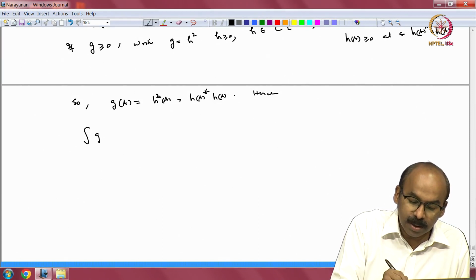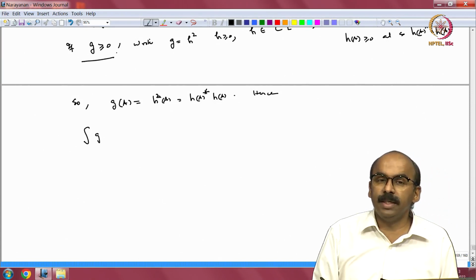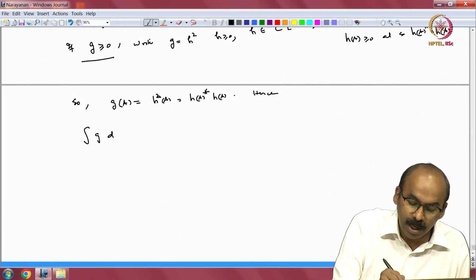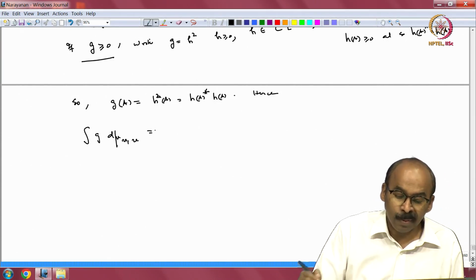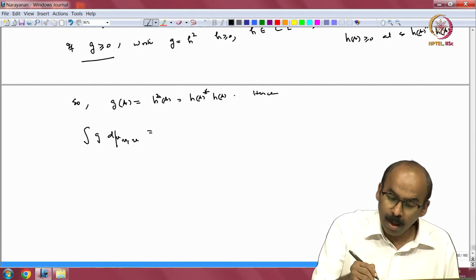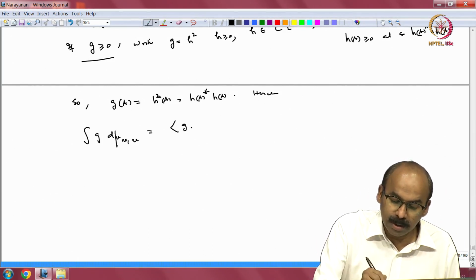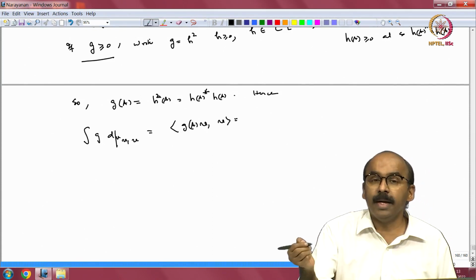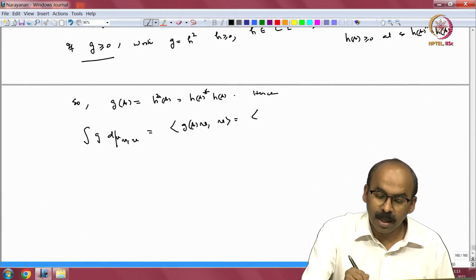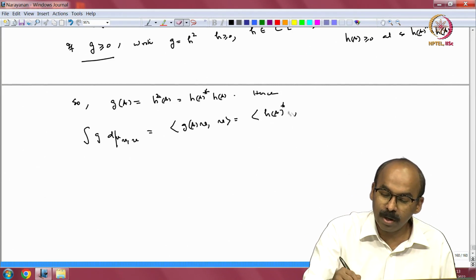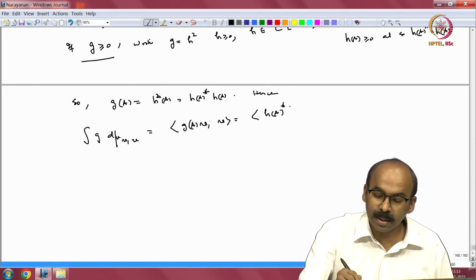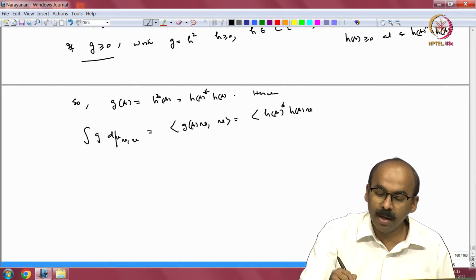So, now we know how to prove that the measure is positive. I started with a positive function g, right. So, the integral of g d mu v v is equal to g of A acting on v inner product with v, right, but g of A is h of A star, sorry, there is one more h of A there, h of A v inner product with v.